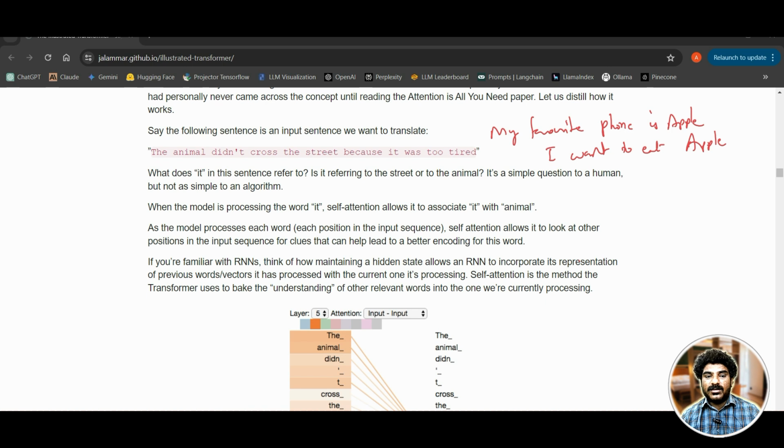In the first sentence you are talking about the phone, and in the second sentence you know that you are talking about the fruit. But this is very difficult for a machine or algorithm to understand. The machine will get something called ambiguity, or some kind of complexity will be generated. So to solve this ambiguity or complexity, self attention will solve it.